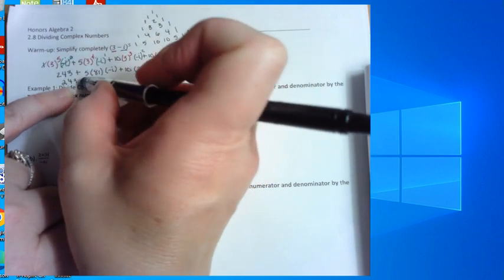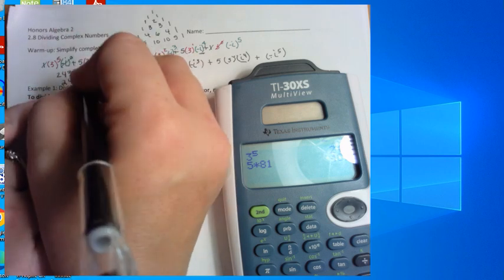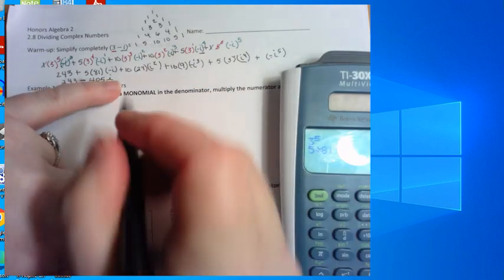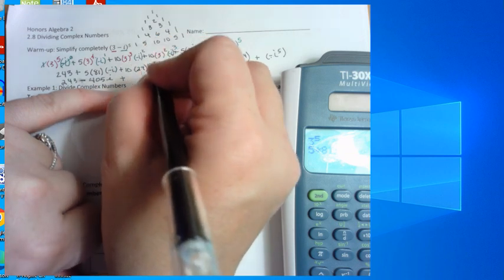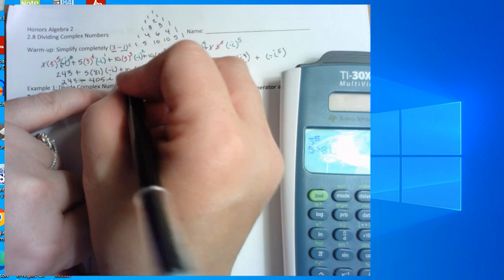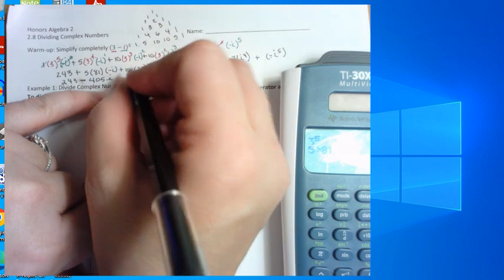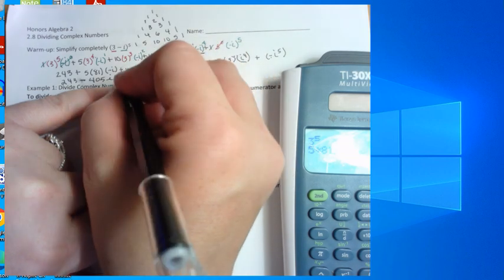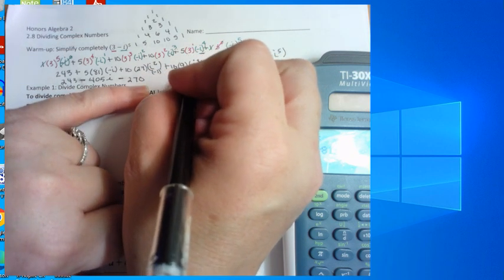Let's see if I can get this to erase. Minus, 5 times 81 is 405, minus 405i. 10 times 27 is 270, but i squared is negative 1, so it's going to be another minus 270, and then negative i cubed.